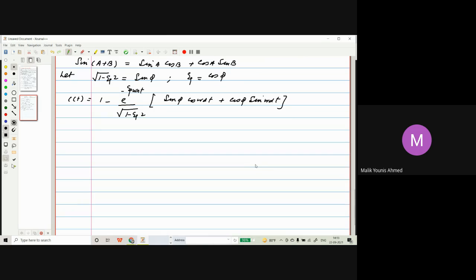This is nothing but sine A plus B. So C of t we can further write as 1 minus e raised power minus xi omega n t divided by under root of 1 minus xi square, times sine of omega d t plus phi.